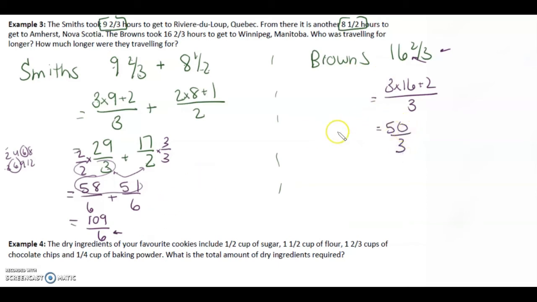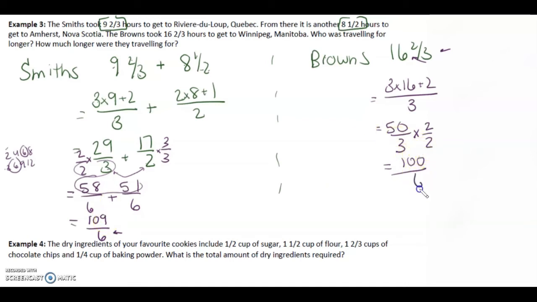And if we're looking for a common denominator so that we can compare, we're going to multiply this by 1, but it's really by 2 over 2. So the Browns traveled for 100 over 2 hours, and, oh, that's not over 2.